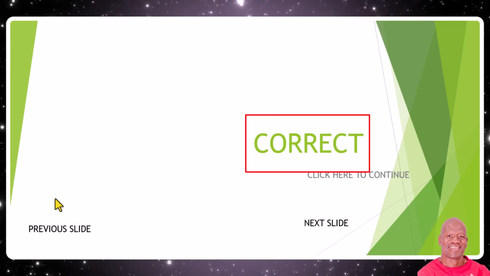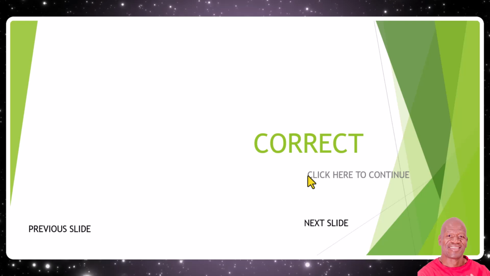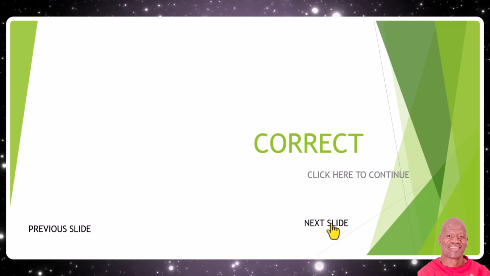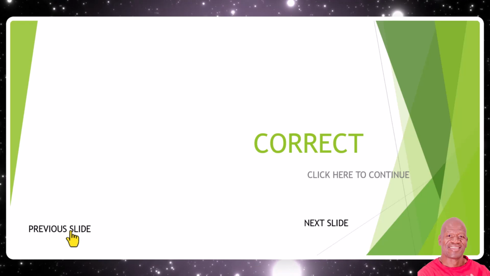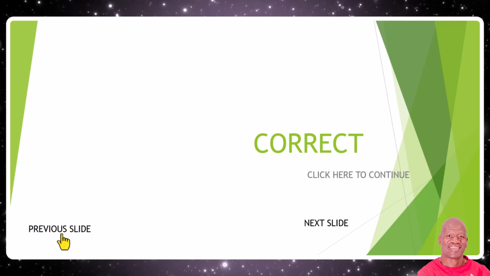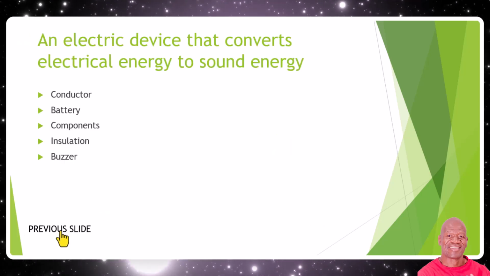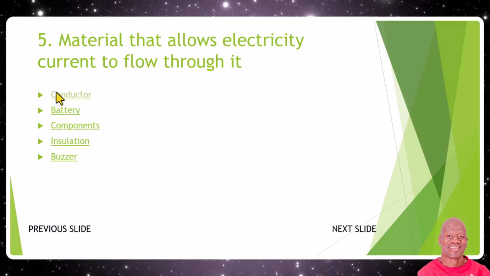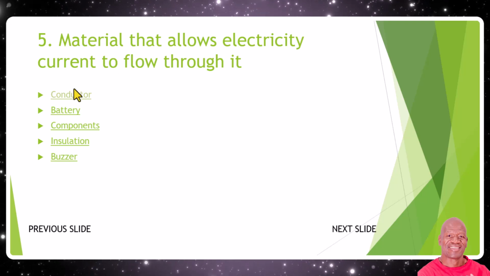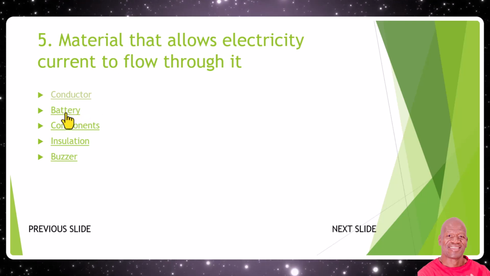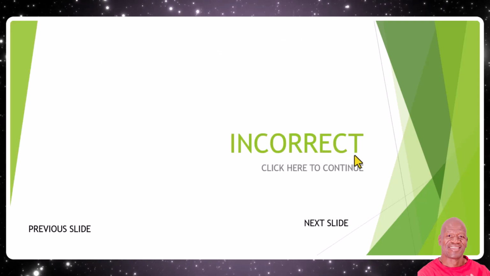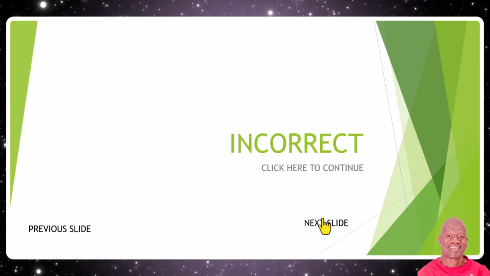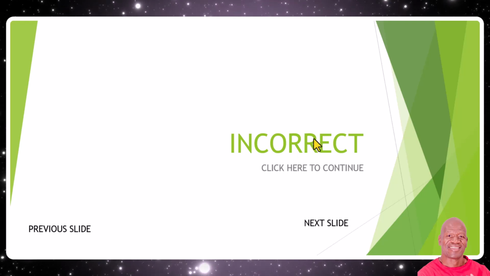All right, so now we can move to the next slide by clicking on next, or move to the previous slide by clicking on previous. All right, so here we're going to go back where we were on question number 5. Okay, so if for instance you decide to choose battery, let's see what is going to happen. It says it is incorrect because it has been linked to the slide that says incorrect.